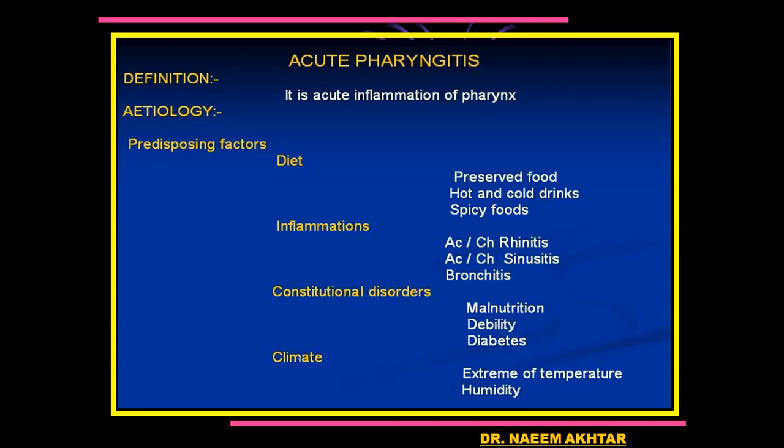Similarly, constitutional disorders, for example, if the patient is malnourished, has some sort of debilitating disease, or diabetes mellitus. And sometimes the climate may play a part as a predisposing factor, for example, extremes of temperature or humidity may lead to acute pharyngitis.